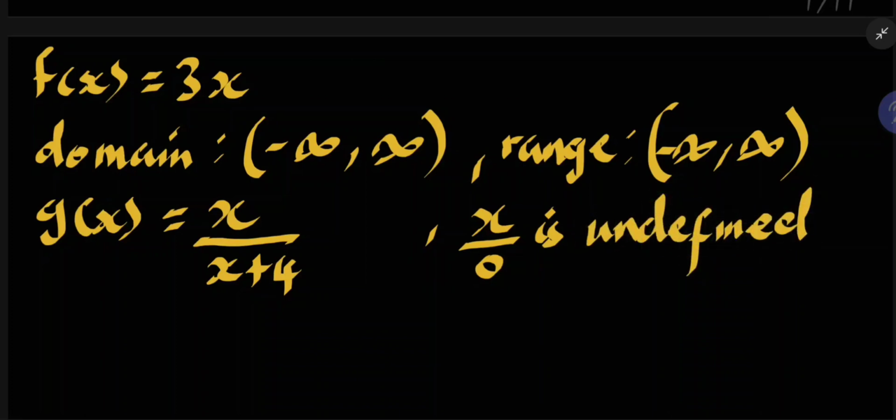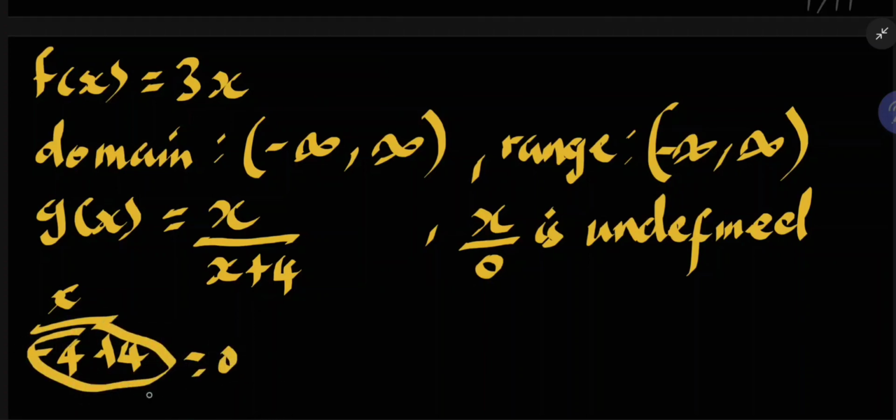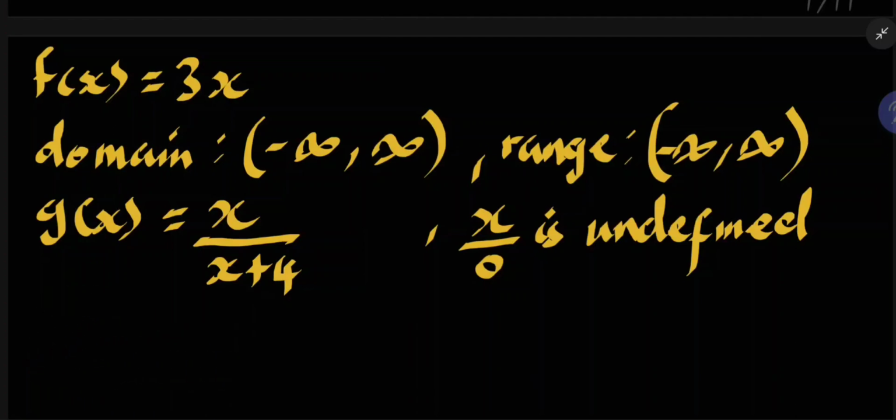So the first question you ask yourself is, for what value of x do I substitute in this denominator that could possibly make the denominator 0? In our case, it's minus 4, because minus 4 plus 4 gives us 0. So it means that at x equals minus 4, this function is undefined. So if that's the case, it means that minus 4 will not be in the domain of this function.